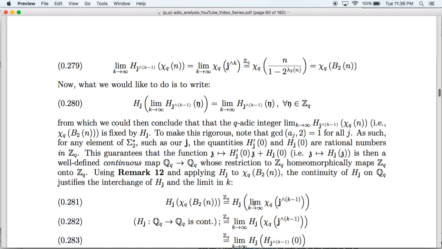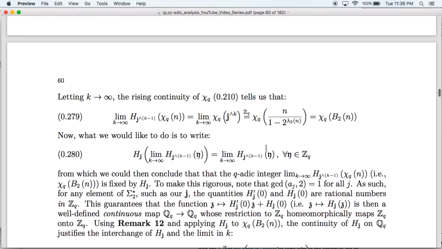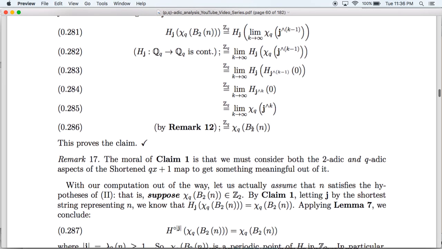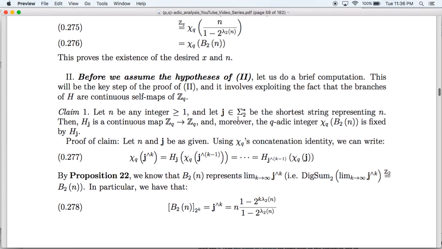This is going to be chi-q of this, and as k goes to infinity, it becomes equal to that, which is just chi-q of b2 of n. So this proves that this q-adic integer, whatever it is, whether or not it's a rational integer, is going to be fixed by h bold J.